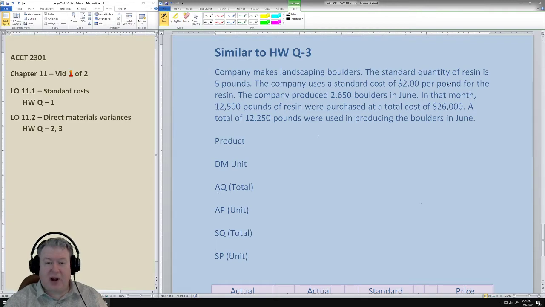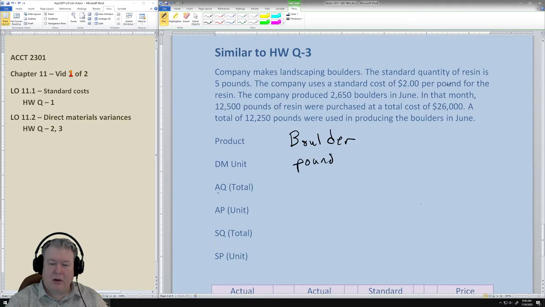Perhaps there's other things, perhaps there's coloring, perhaps there's little pebbles to give it a realistic look, but the direct material that we're analyzing is the resin. So the product itself is the boulder, right? And the direct material unit is a pound of resin.